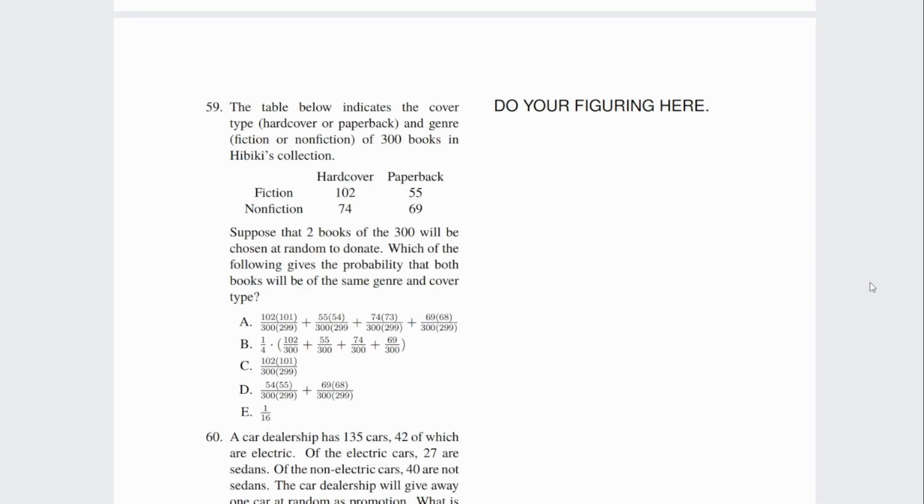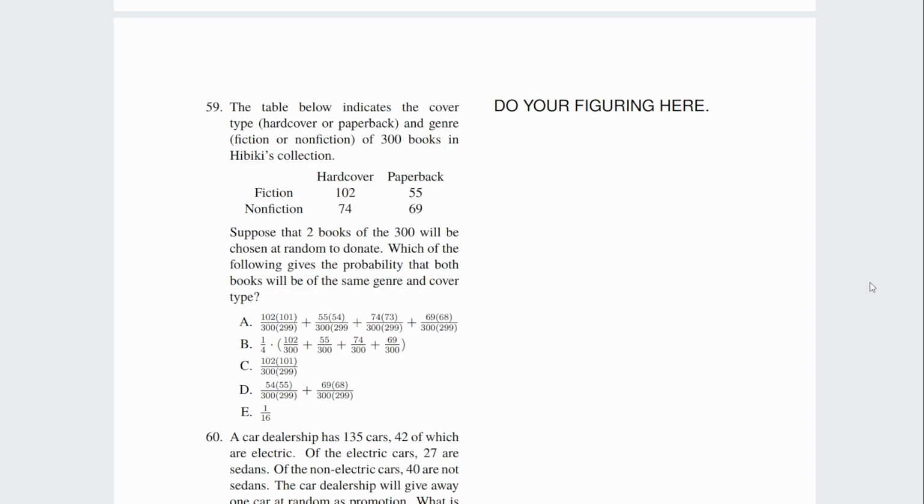And what we need to realize here is that there are 4 outcomes that we like, and we need to add the probabilities of the 4 outcomes. So of course there are 300 squared total outcomes, but basically we need to add the probabilities of each of the 4 outcomes that we like.